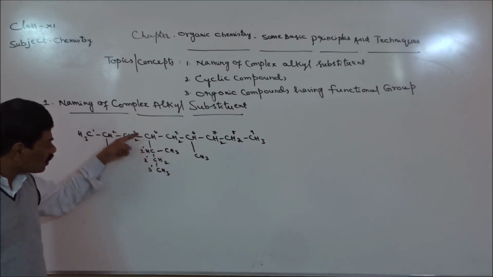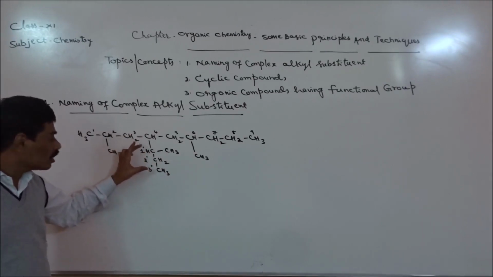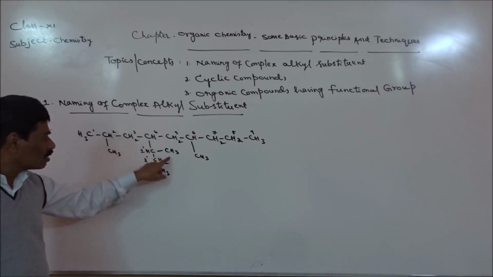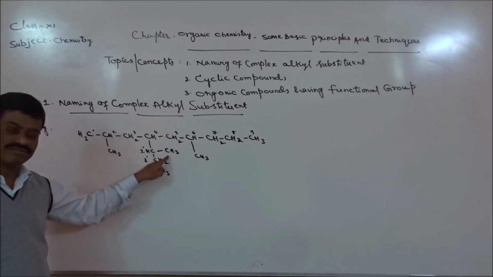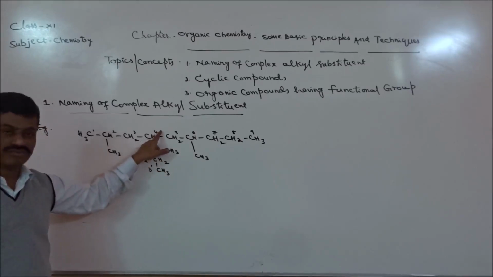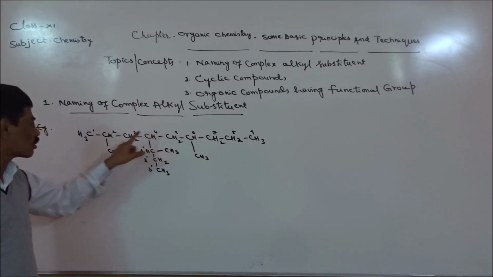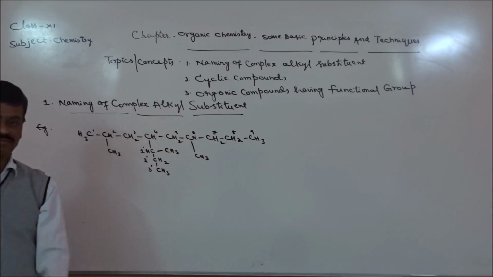Now, this substituent has 3 carbon atoms, so it is propyl. To this propyl, CH3 is connected. That means 1 dash methyl. Now, the position of this complex alkyl group is 4. The position of the simple alkyl groups, that is methyl and another methyl, is 2 and 6.